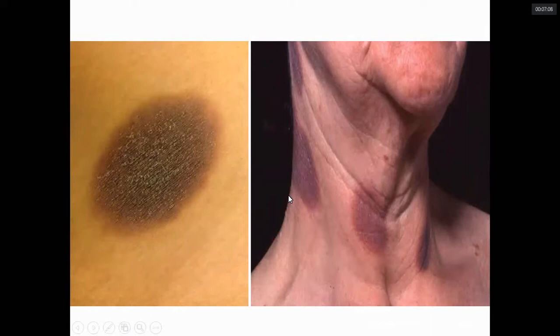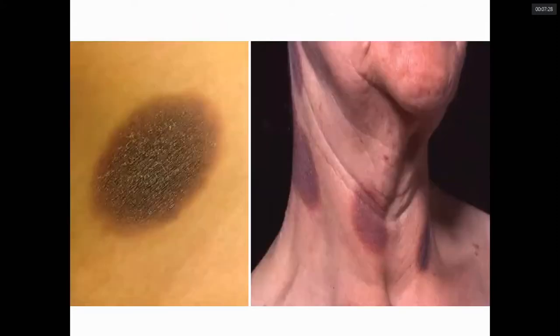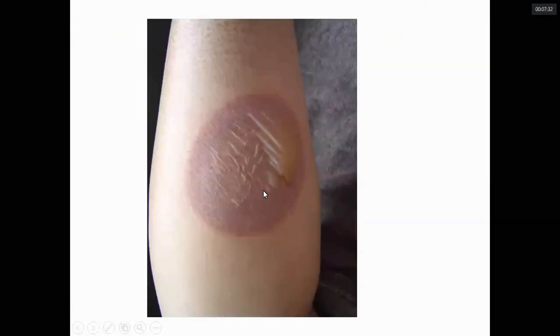After the intake of the drug, these lesions appear at the same site if the same drug is taken next time. This is bullous fixed drug eruption. The lesions of fixed drug eruption are of two types, non-bullous and bullous. In this picture, this is non-bullous fixed drug eruption, and in this picture, this is bullous fixed drug eruption.